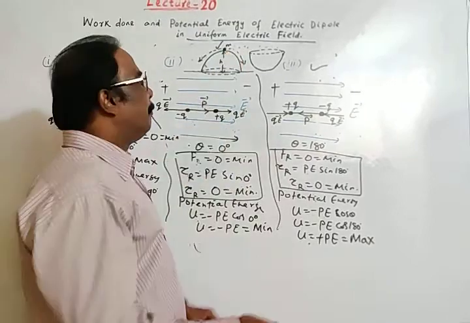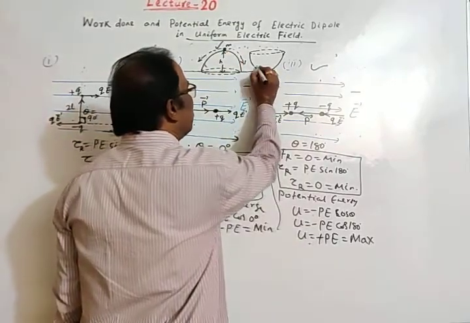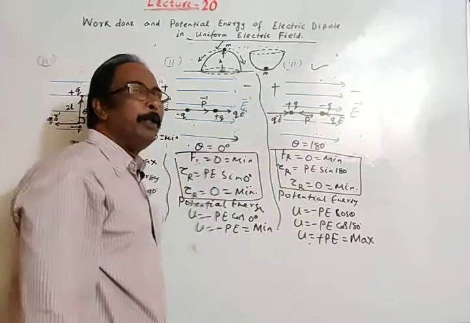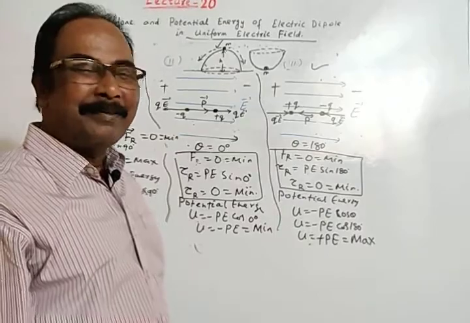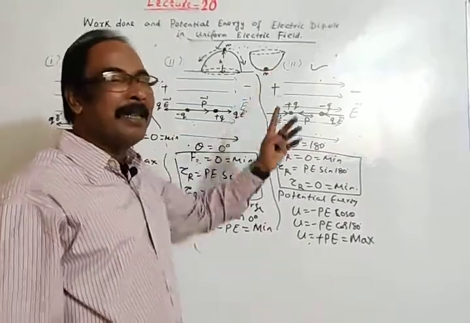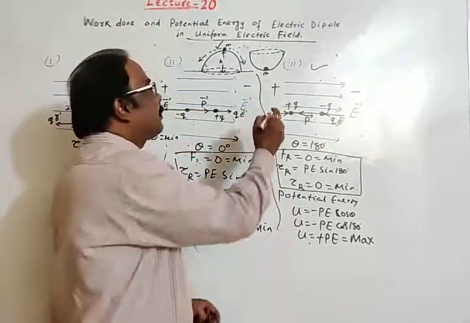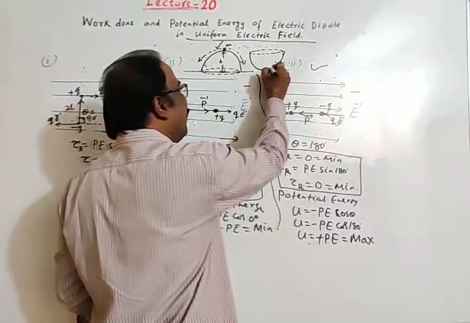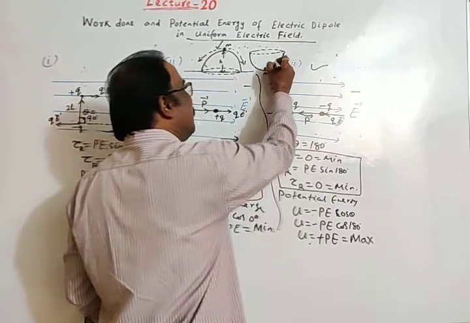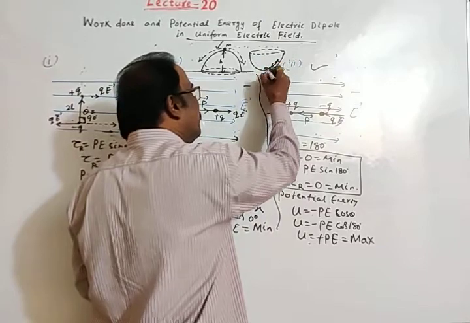But if you keep the same body of mass m at the bottom of the bowl, it will not be detached from its initial position. Even if you tilt the bowl like this, it may move up, but it will again regain its original position.